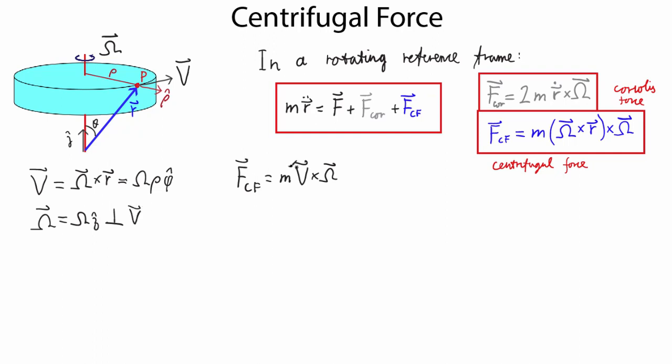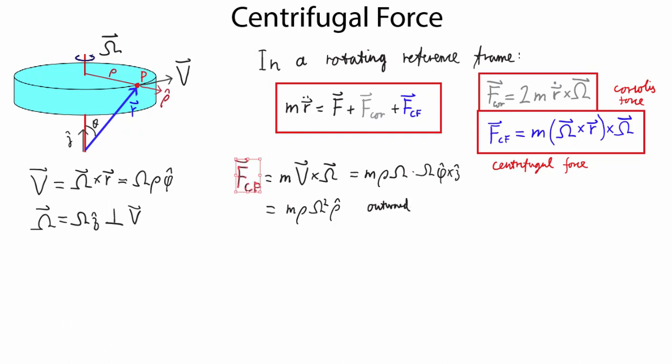So that also makes it relatively simple to calculate what the centrifugal force is equal to. It is m times rho omega, that's mv, and then we multiply that by omega, then it's phi hat cross z hat, so that's m rho omega squared rho hat. In other words, it's in the outward direction.